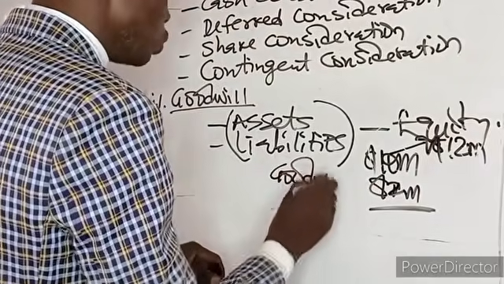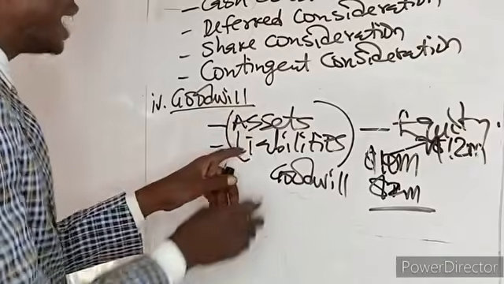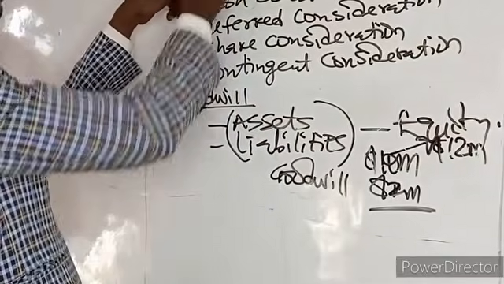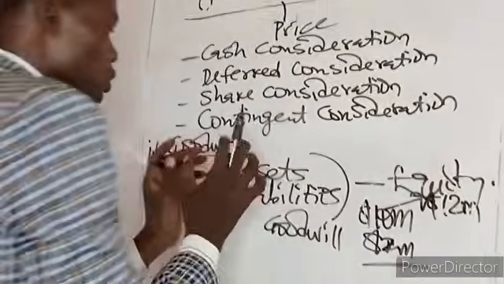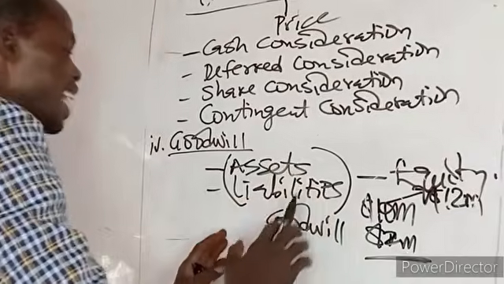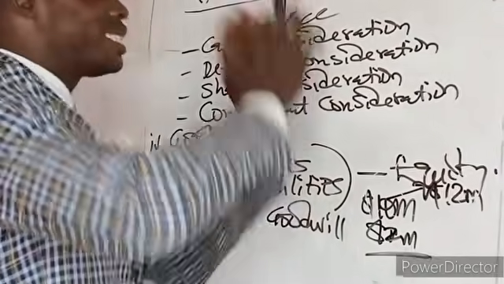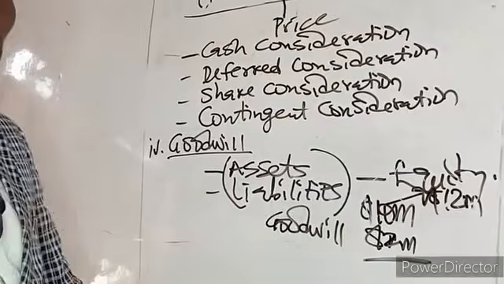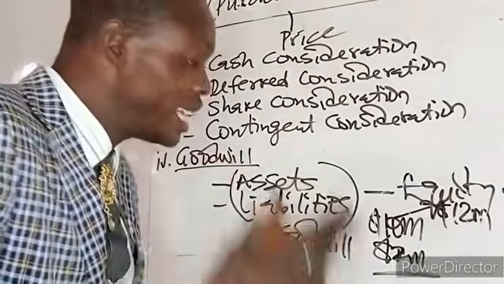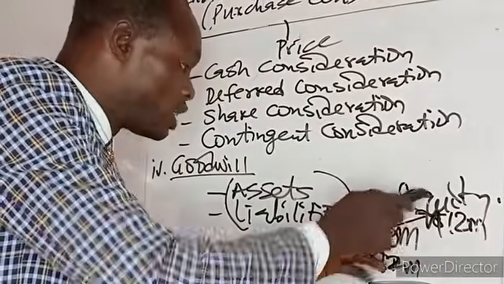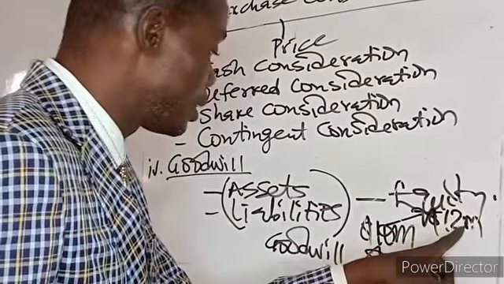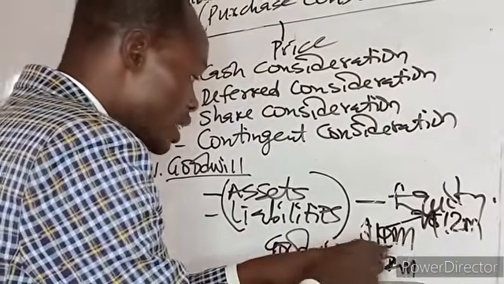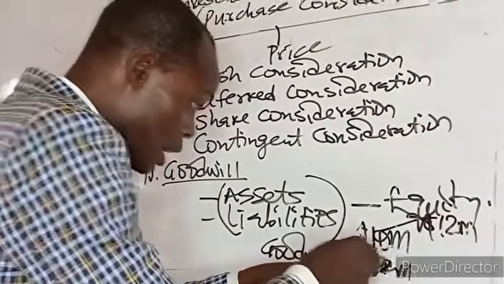So, what is goodwill? Goodwill is the excess of purchase consideration, which we have considered in number 3, over the fair value of the net assets of the subsidiary acquired. This 12 million is the purchase consideration, that is the price paid, over the fair value, the market value, of this 10 million.